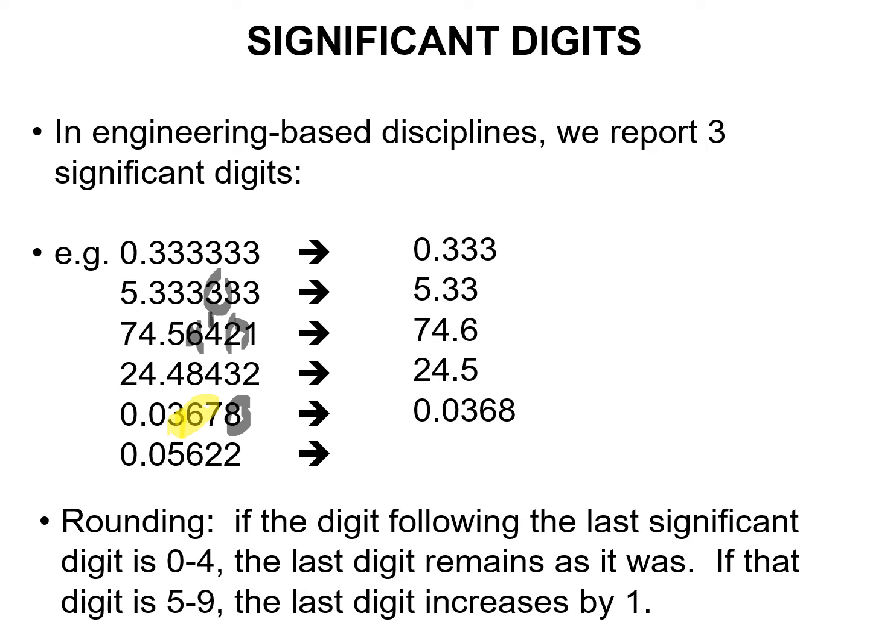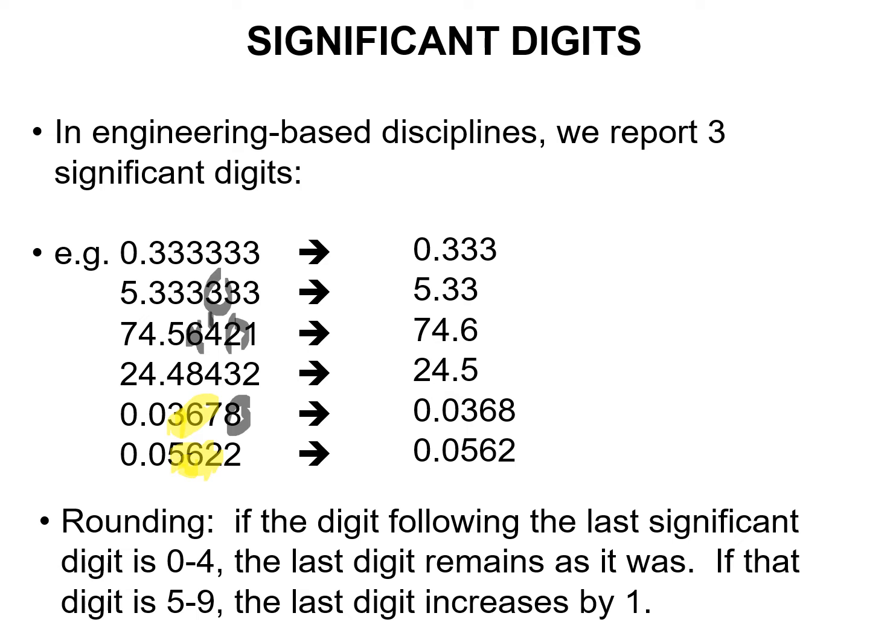And we do the same here. The 562, those are our 3 significant digits because there are 2 leading zeros before it.